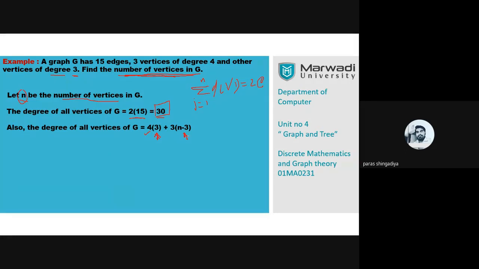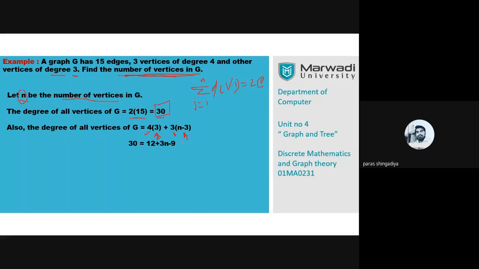And what is its degree? That is 3. Clear? So 4 of 3 plus 3 of n minus 3 is equal to the total degree. Clear? That is equal to 30. And now simplify that. That becomes 4 into 3, that is 12, plus 3 into n minus 3 gives 3n minus 9.